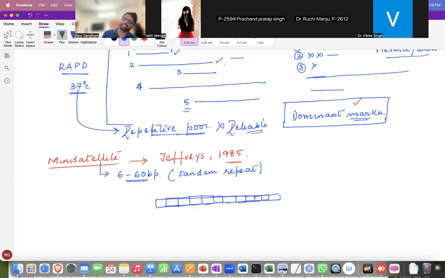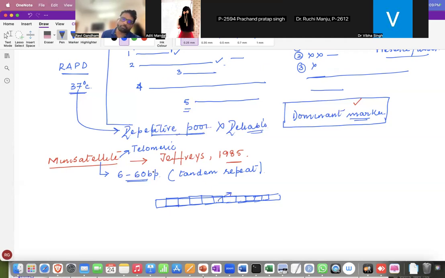Now, anyways, we talked about mini satellites and we said most of the mini satellites are present in the telomeric region, right? That's what we discussed. That's fine. But here, what is the reason for polymorphism?